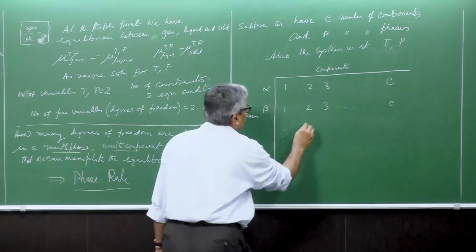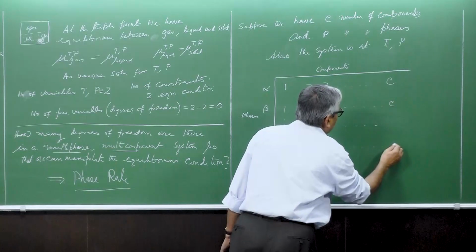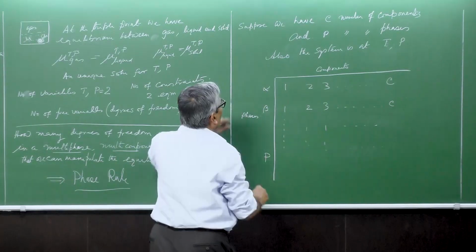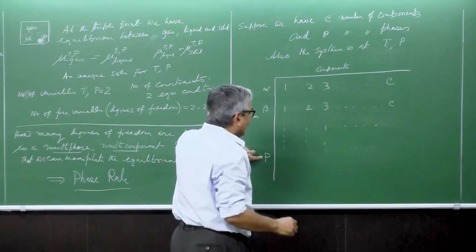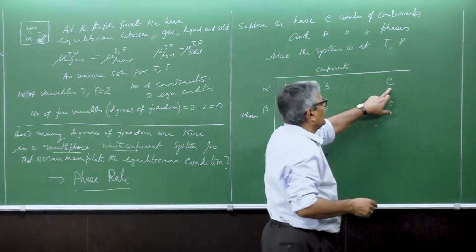If we go on like this, we go up to P number of phases. Note that it is not the Pth phase, but P is the number of phases. C is the number of components.